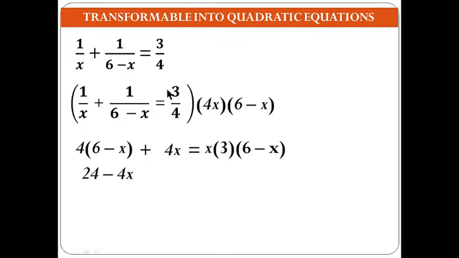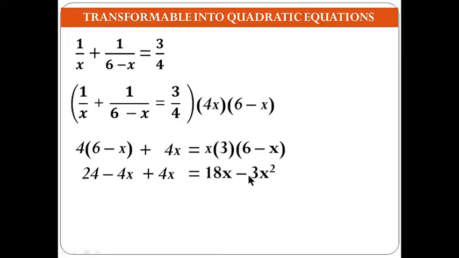Now, simplify. 4 times 6 is 24 minus 4 times x ay 4x plus 4x. So, dito naman, x times 3 is 3x, then times 6 ay 18x. X times 3 is 3x times negative x is negative 3x squared.